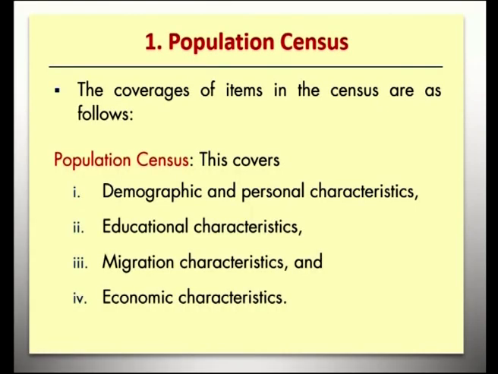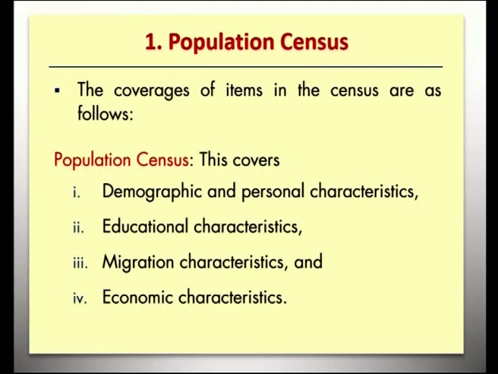The coverage of items in the census is as follows. Population census covers demographic and personal characteristics, educational characteristics, migration characteristics and economic characteristics. That is, when the census is being taken, first of all they will question the family members in a particular residence about the personal characteristics, and about the educational, that is how many persons are educated and how many persons are illiterate in the family, that kind of data will be collected.